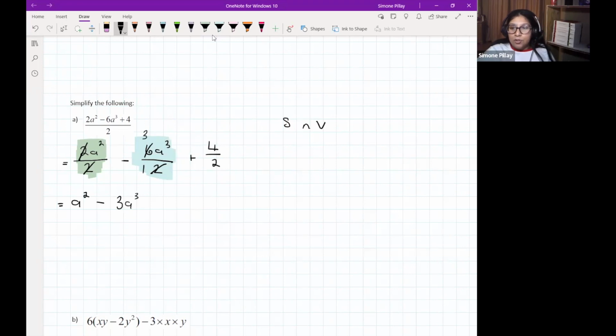I don't have to write the denominator of 1. Why was it a negative? We had a negative in the middle over there. Okay, and last but not least, 4 divided by 2 is going to give me plus 2. How did I do that? 2 goes into itself once, goes into 4 twice. Okay, and this is my answer.